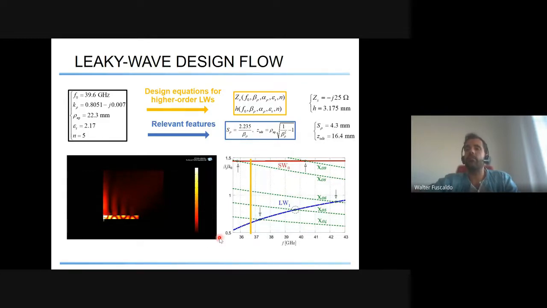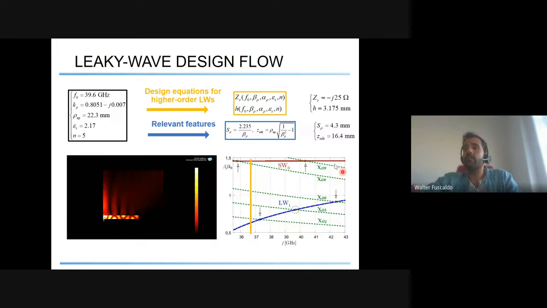And once we do that, we can again find the dispersion equation for the leaky mode that propagates in the structure with the prescribed radial wave number, and also evaluate the radial resonances of the structure for the fixed aperture radius.